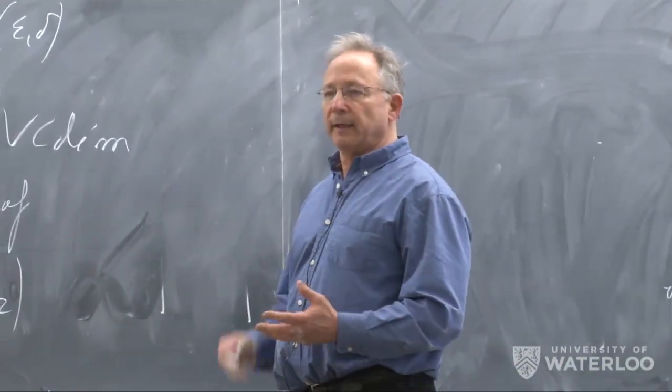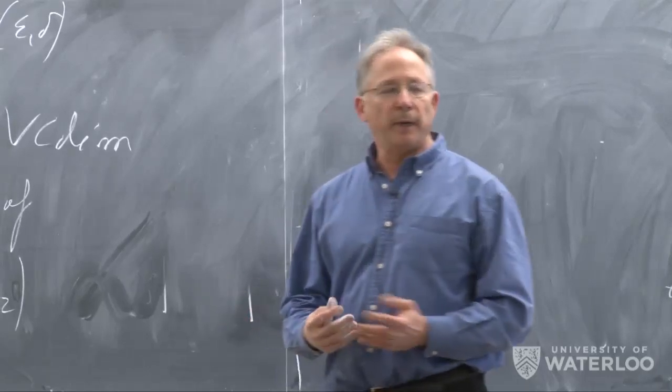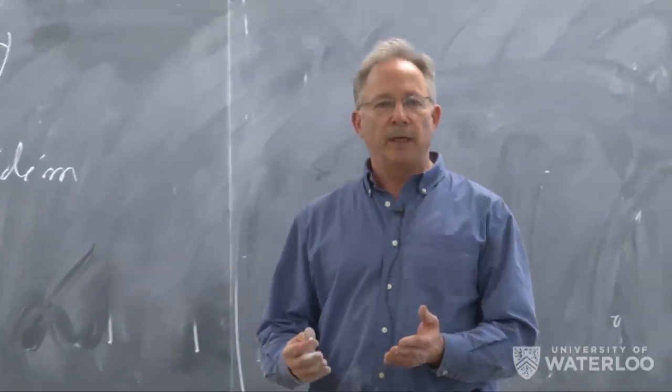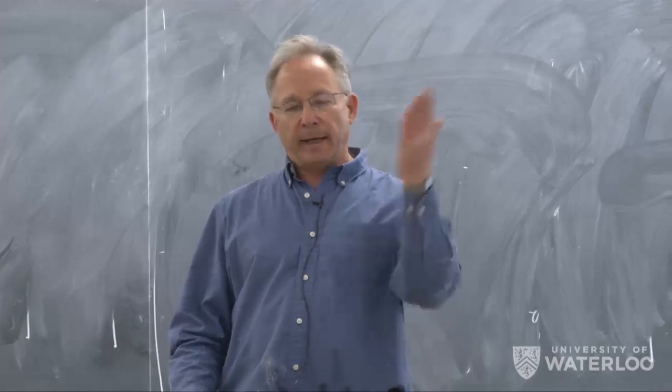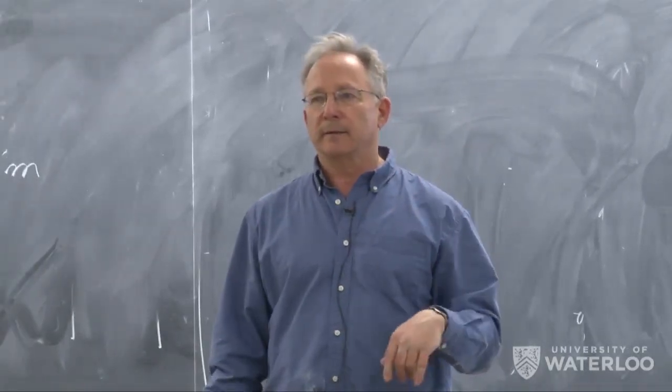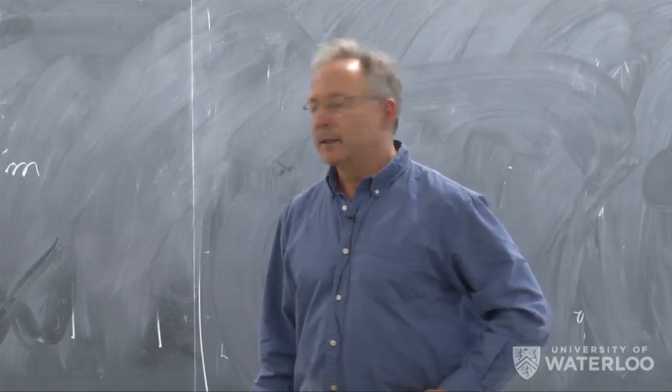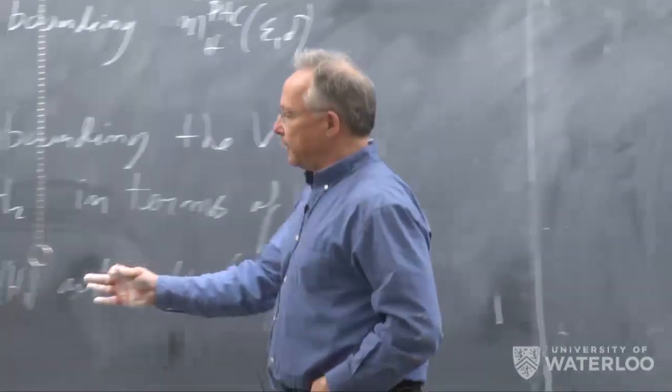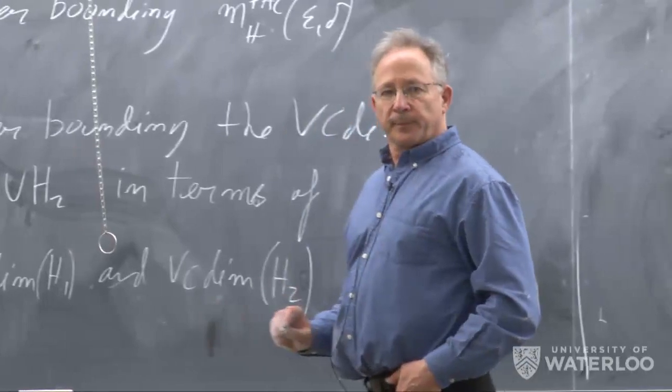So if I take the collection of all linear subspaces plus rectangles, I want to bound the VC dimension of that collection. I can bound it in terms of the VC dimension of each of them.